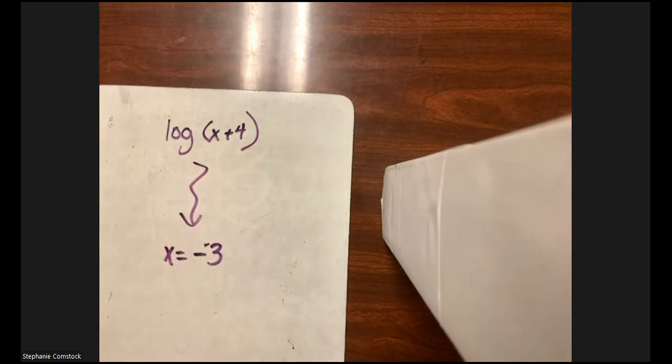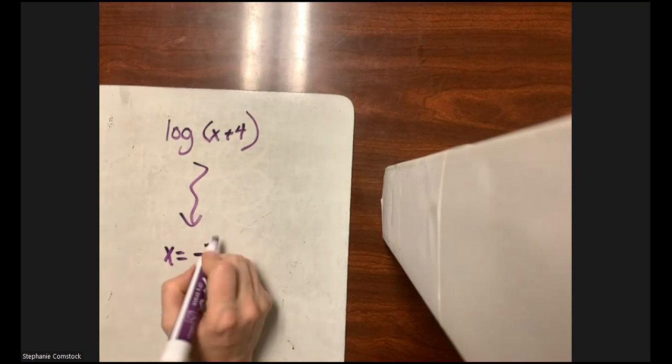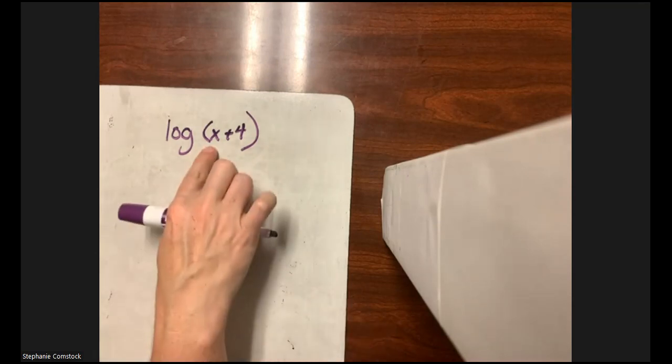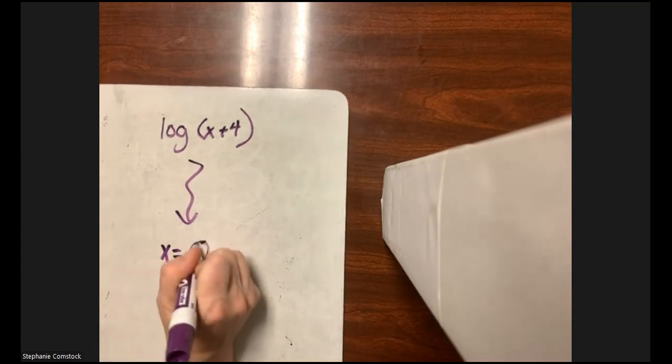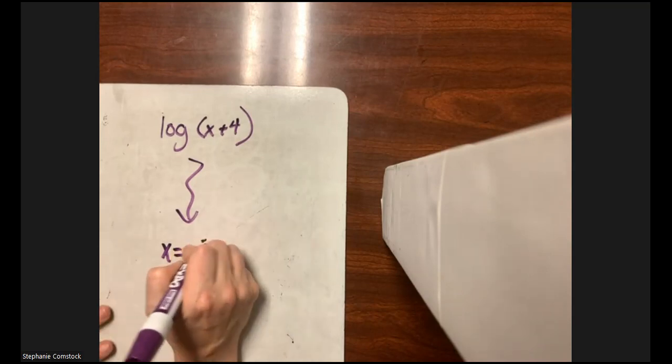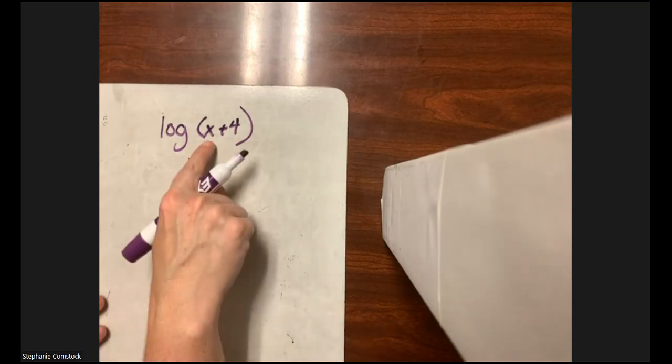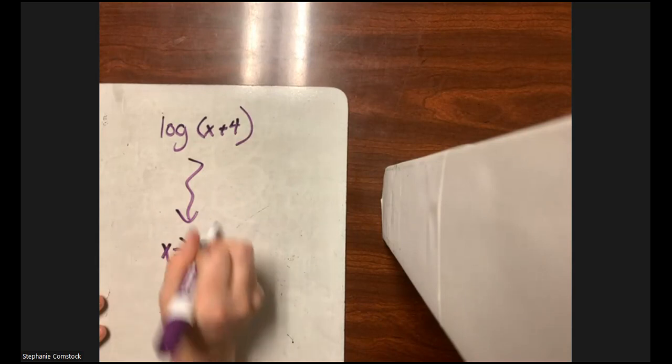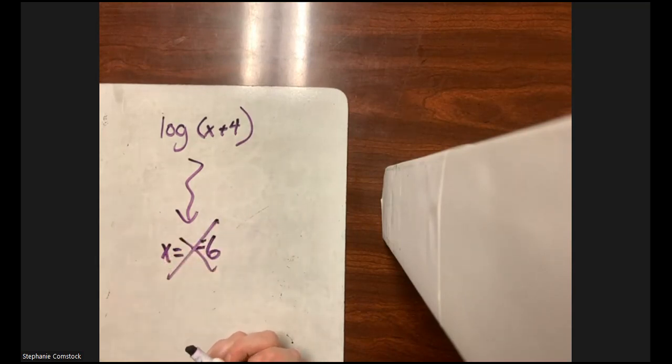I can take the log of 1. If I got -1, -1 plus 4 is 3. That's okay. 0 plus 4 is 4. I can do that. But if I get something like -6, -6 plus 4 is -2. That's out. So it is not necessarily that I'm checking to make sure that it all formats out. I'm just making sure that I'm not taking the log of 0 or the log of a negative number.